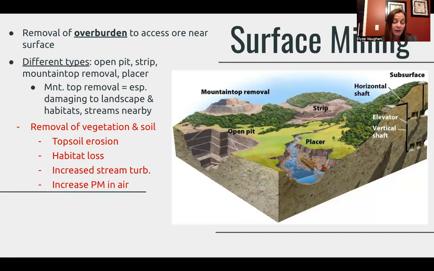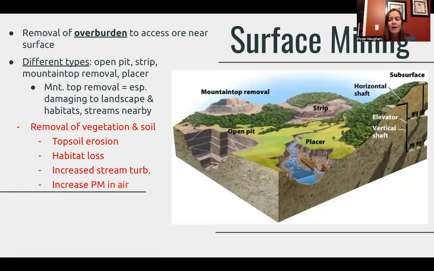There's a lot of dust in the air from mountaintop explosions. So from an environmental standpoint, this is the worst type of surface mining. All of these environmental consequences, topsoil erosion, habitat loss, increased stream turbidity, and increased particulate matter in the air, are present with all of our types of surface mining. They're just the most extreme with mountaintop removal.